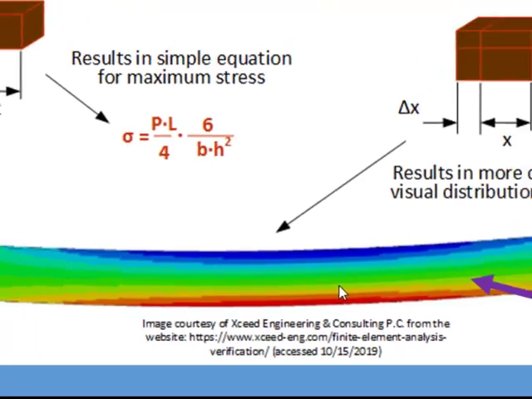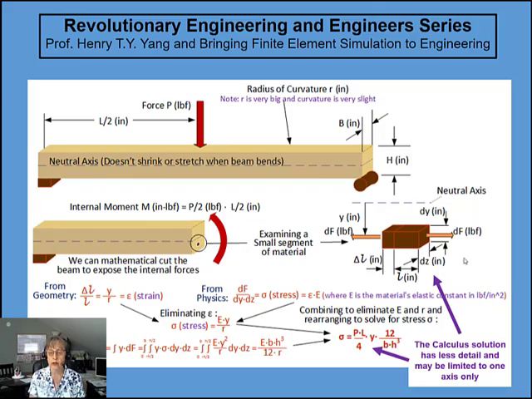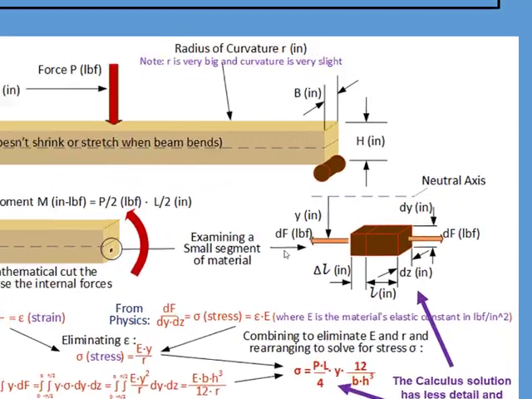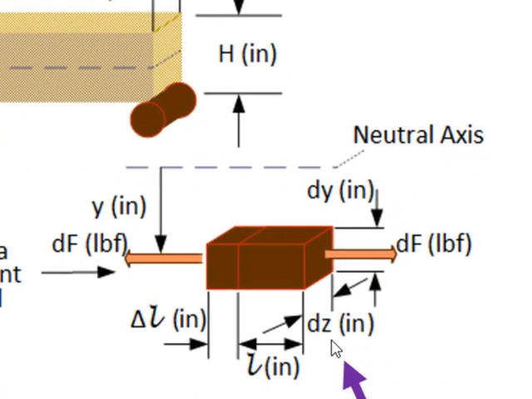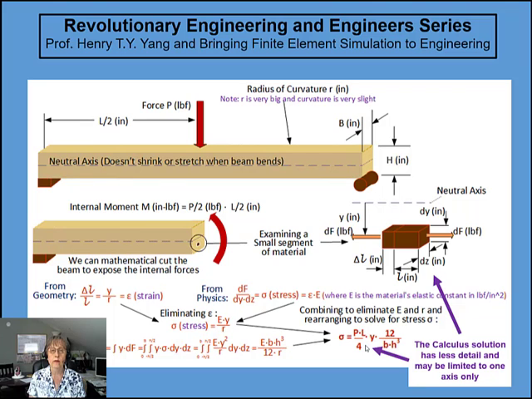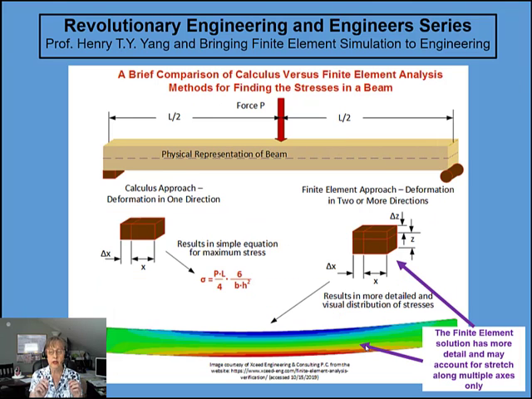If I compare that to Timoshenko with calculus, he could only work in the one axis here. And so his formulas were limited. They're still very powerful and very useful, but they were very limited. Now, the reason I bring this up is that every aspect of engineering uses finite element in some way.